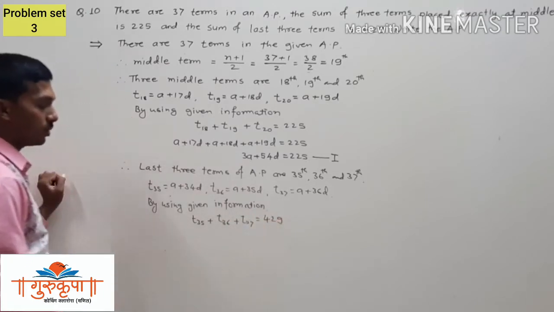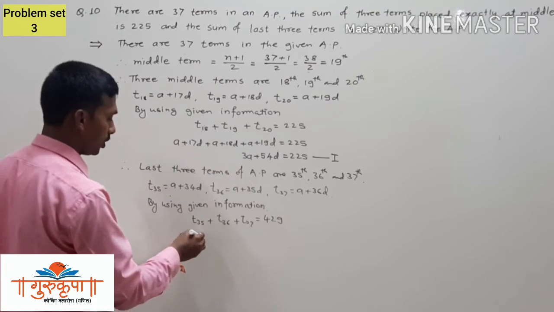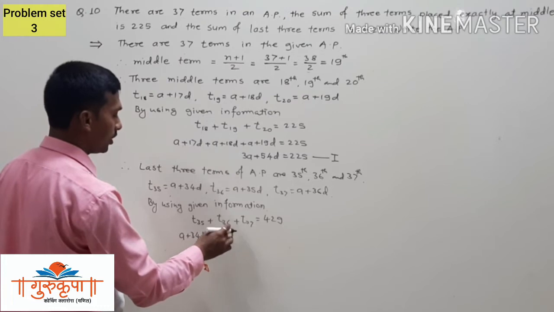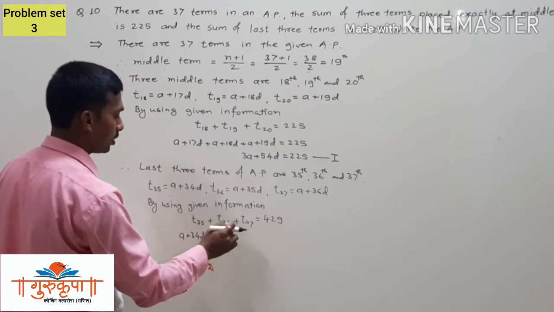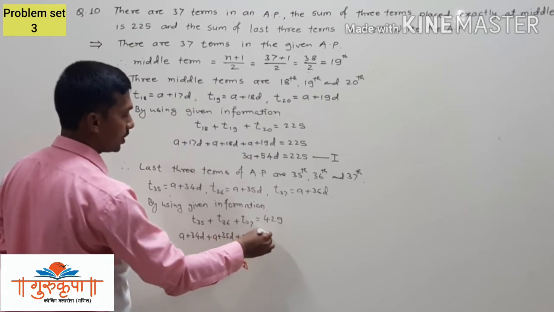That is the given information. T35 is A plus 34D. T36 is A plus 35D. And then T37 is A plus 36D is equal to 429.